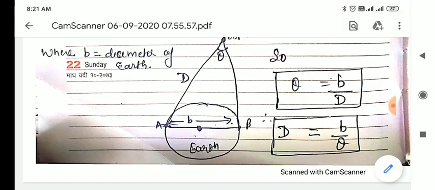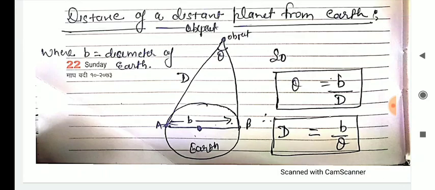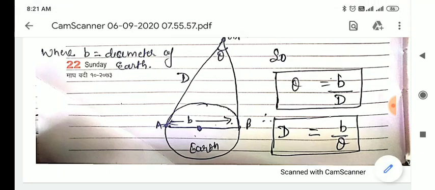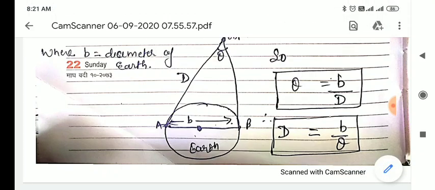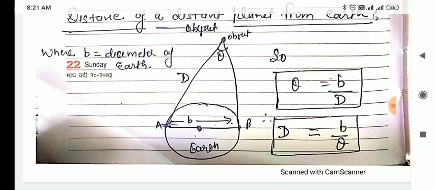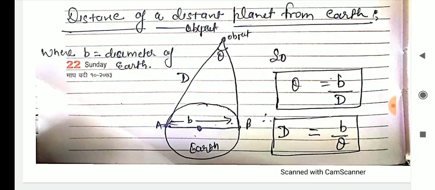Now if we treat this object O as the center of a circle, and this AB will be treated as the arc of that particular circle, then the distance from the object to A will be treated as the radius of the circle, or we can say that the distance from the object to B will also be treated as the radius of the circle.